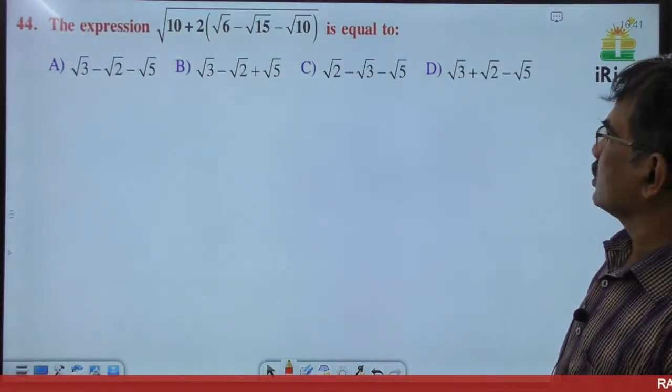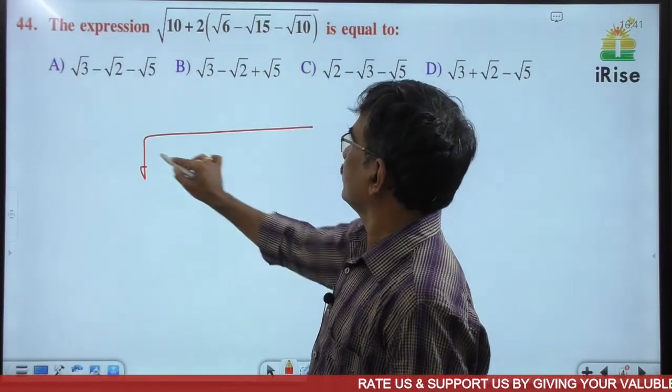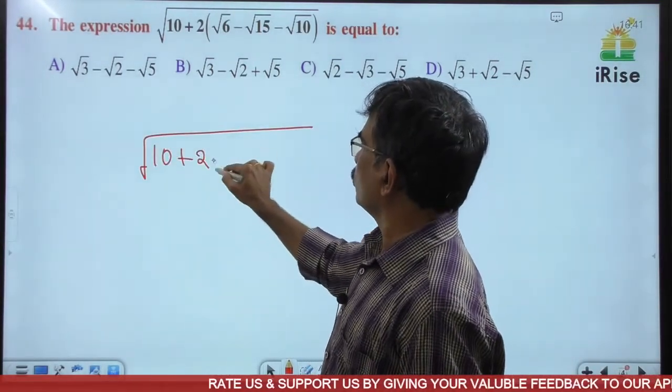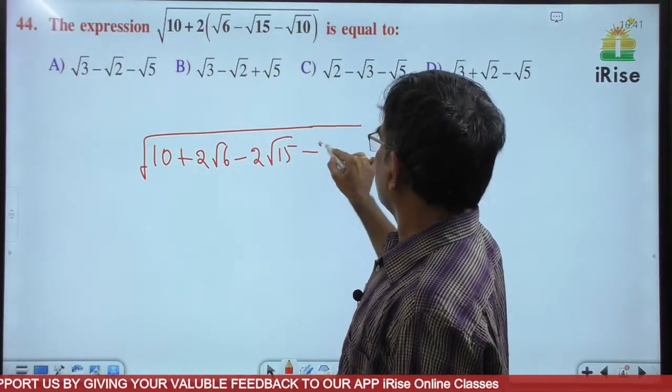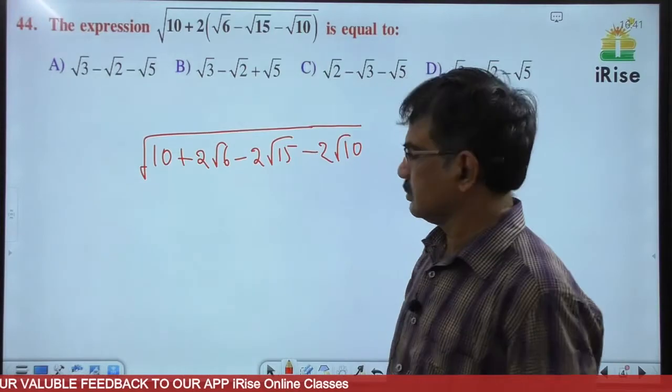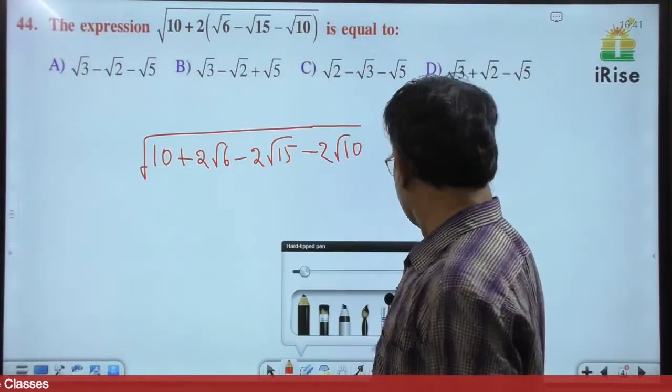This question is also same as the previous one. Root of 10 plus 2 root 6 minus 2 root 15 minus 2 root 10. Okay, here it's a very simple question.